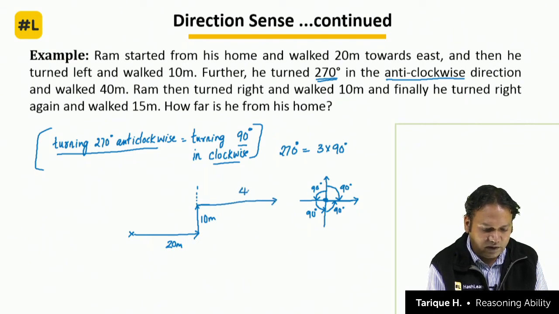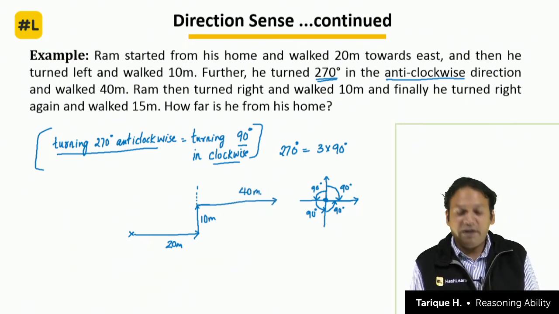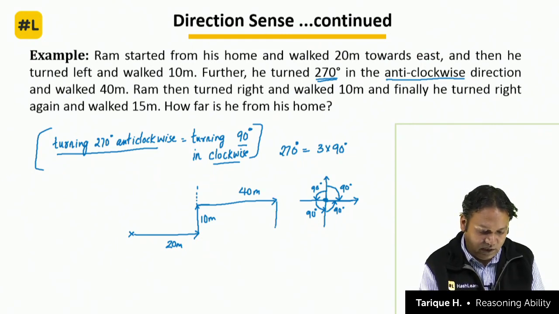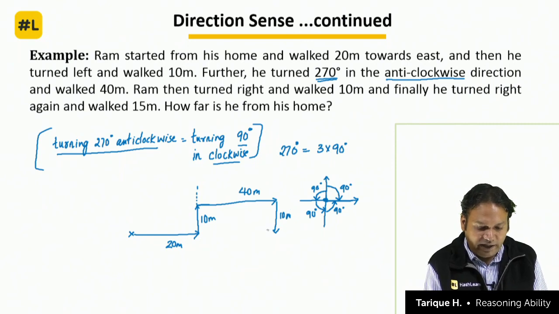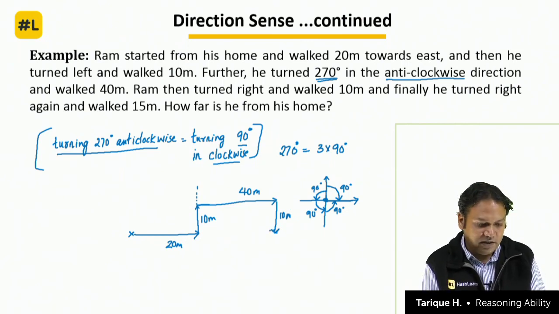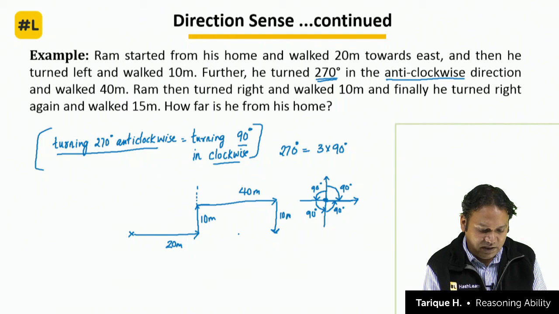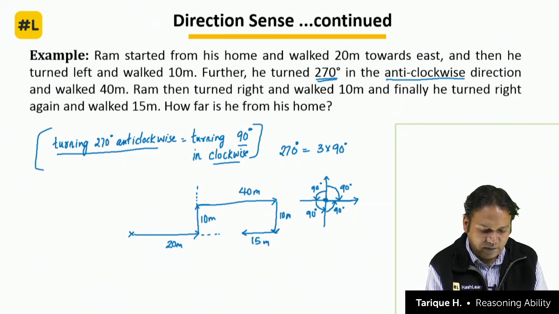So this is 40 meters. Ram then turned right and walked 10 meters. Okay, he comes back here. This is 10 meters. And finally he turned right again, and from this point he walked 15 meters. So how far is he from his home? What is this distance? This distance is equal to 40 minus 15, that is equal to 25 meters.